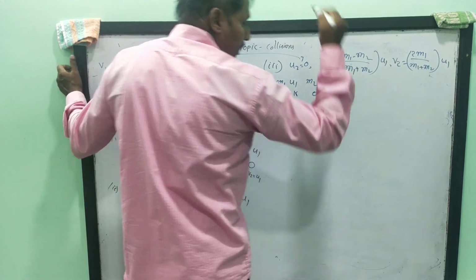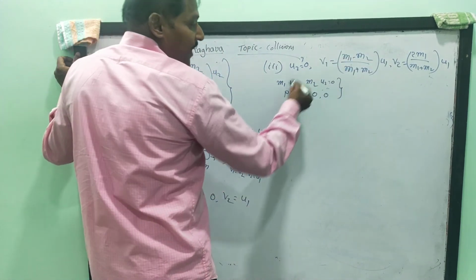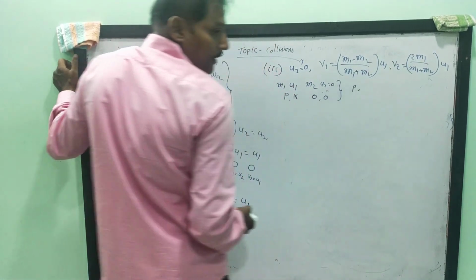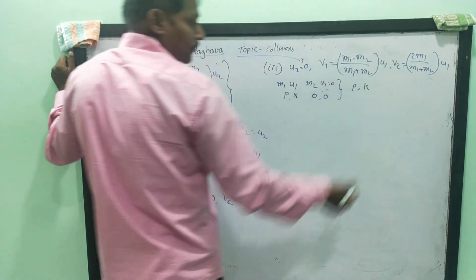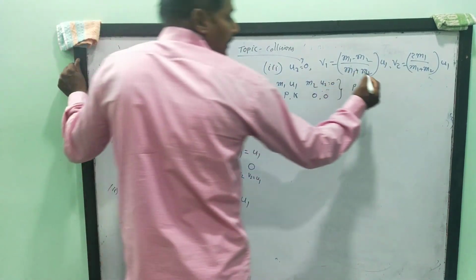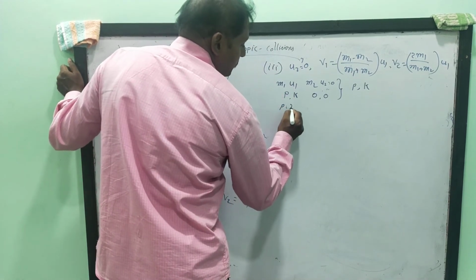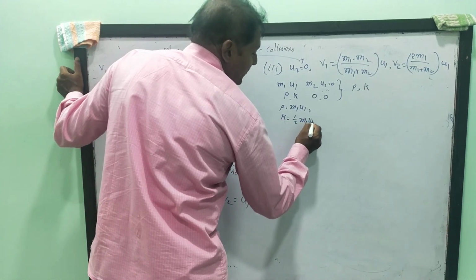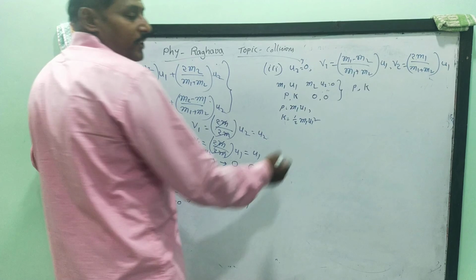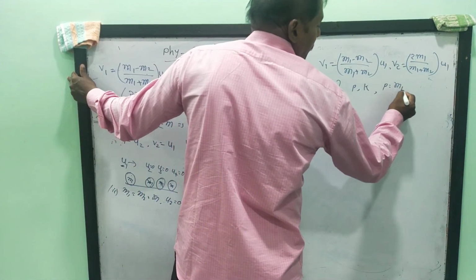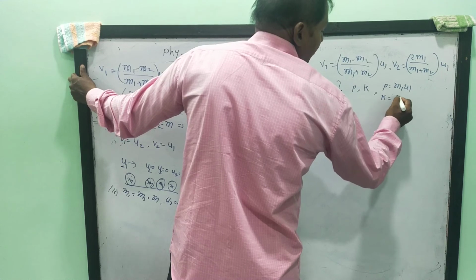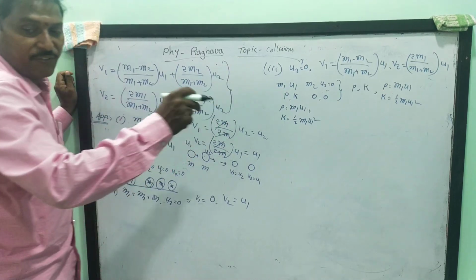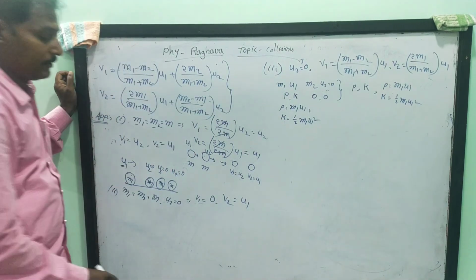So before collision, the momentum of the combined two-particle system is P, which is m1 u1, and the kinetic energy is K, which is half m1 u1 square. That is the initial kinetic energy of the system before collision.